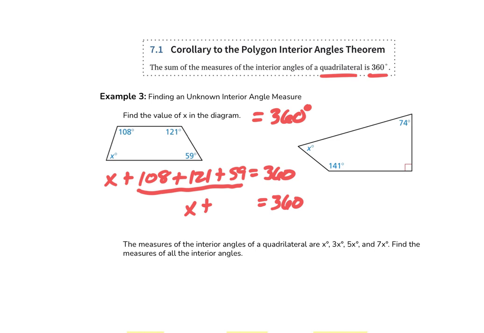What does that add up to be? 288, okay. And then to get x by itself, we would just subtract 288, and then we're left with 72 degrees.